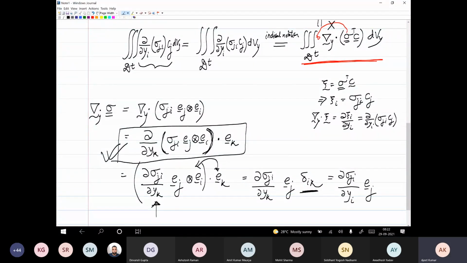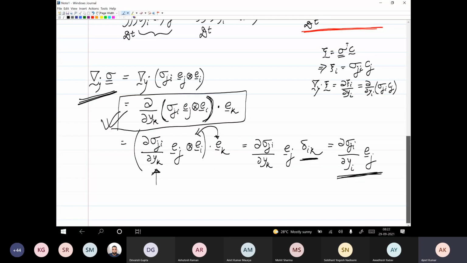So that's divergence of sigma, and remember, divergence reduces the order of the tensor. Therefore, we started with a divergence of a second order tensor, and what we have finally is a first order tensor. It's a vector. Okay, so that's your divergence of sigma.